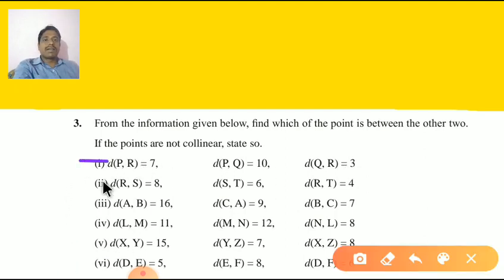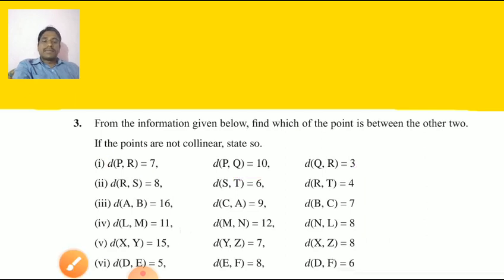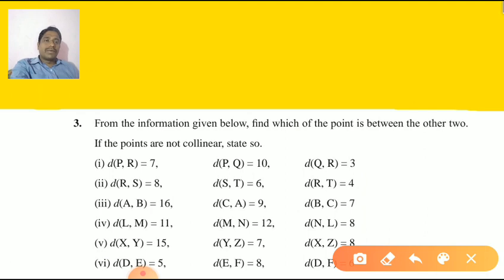Example number 1: distance PR is equal to 7, distance PQ is equal to 10 and distance QR is equal to 3. Now here distance PQ is the larger number, 10, and the remaining smaller numbers are 7 and 3. Adding them, 7 plus 3 is equal to 10. Hence the points P, Q and R are collinear.